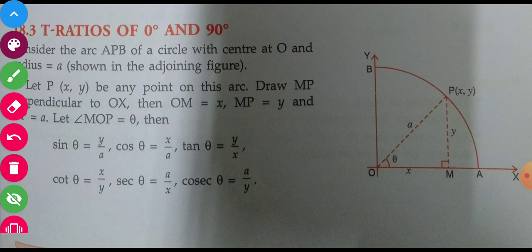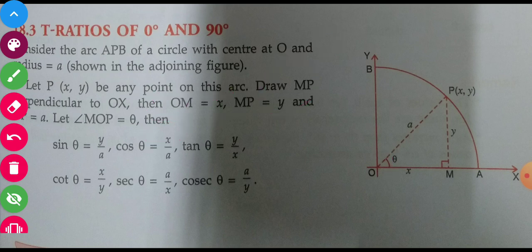Then if this angle is theta, sine theta would be height upon hypotenuse, so this is y upon A. Based on this we get sine theta as y by A, cos theta as x by A, tan theta as y by x, height upon the base.